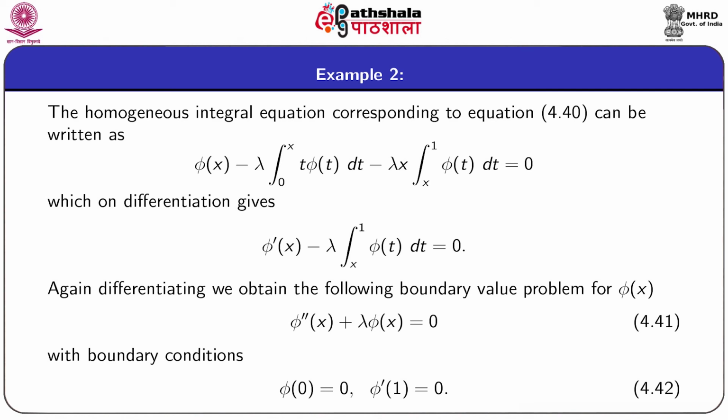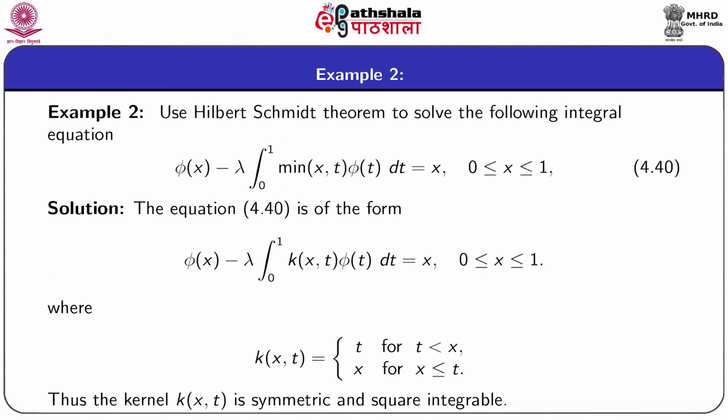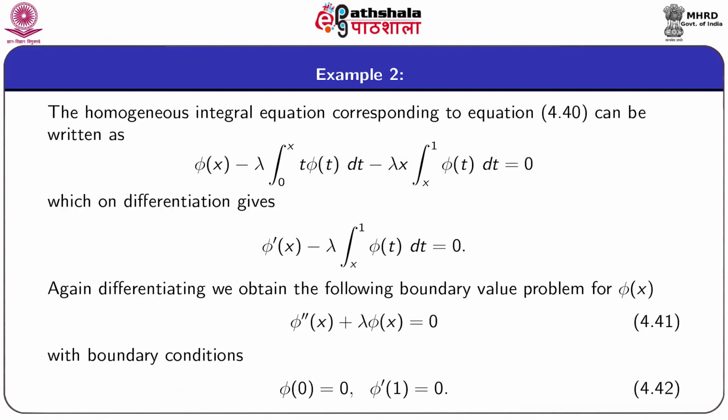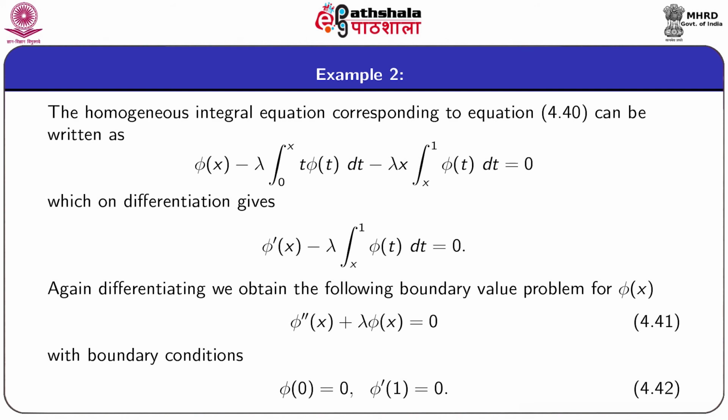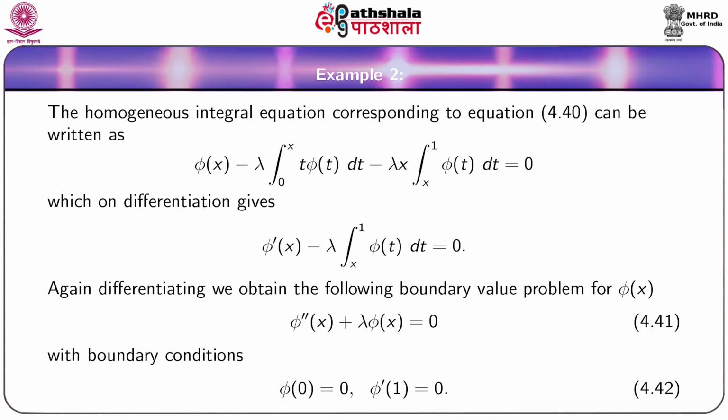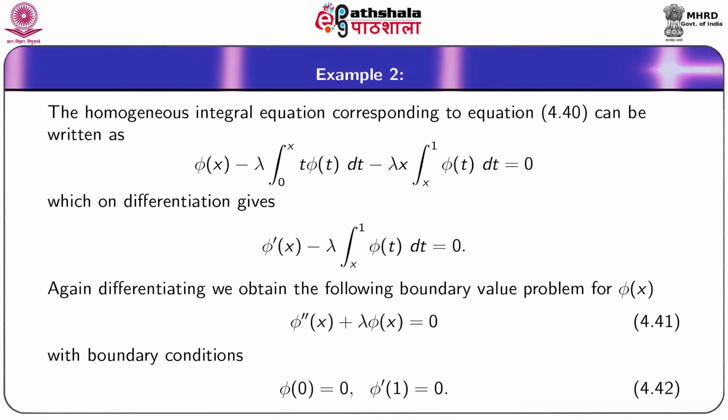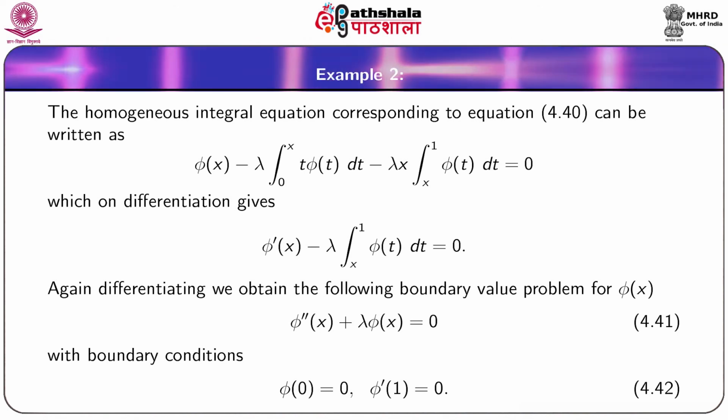Now we shall use the Hilbert-Smith theorem to solve this integral equation. The homogeneous integral equation corresponding to equation 4.40 can be written in the form phi(x) minus lambda integral from 0 to x of t phi(t) dt minus lambda x integral from x to 1 of phi(t) dt equal to 0. Here we have broken the integral from 0 to 1 into two integrals, from 0 to x and from x to 1.